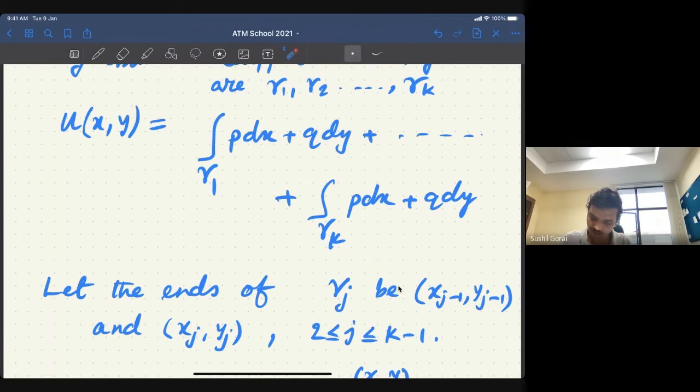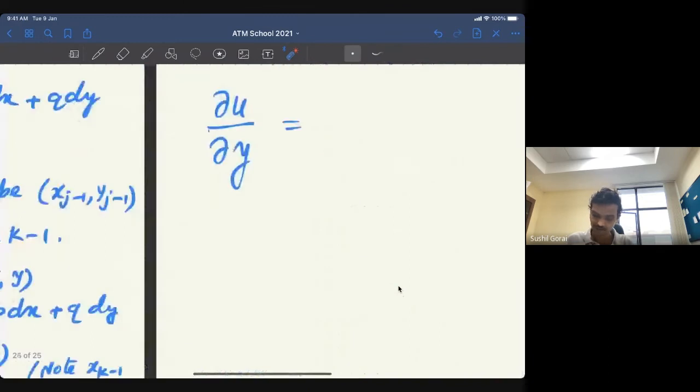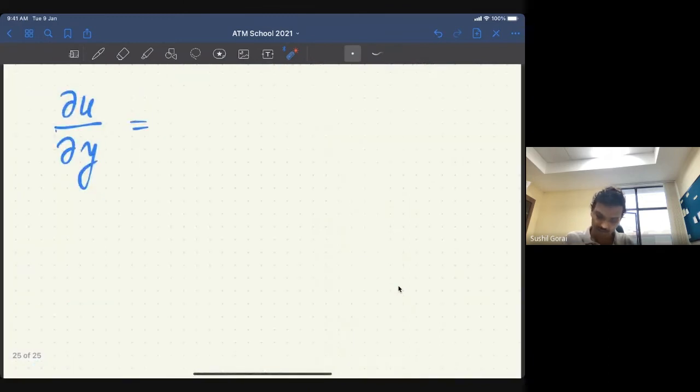Exactly, the last one. Does this one depend on y? It does not, because it has some endpoints different from (x,y). So it depends only on the last one.